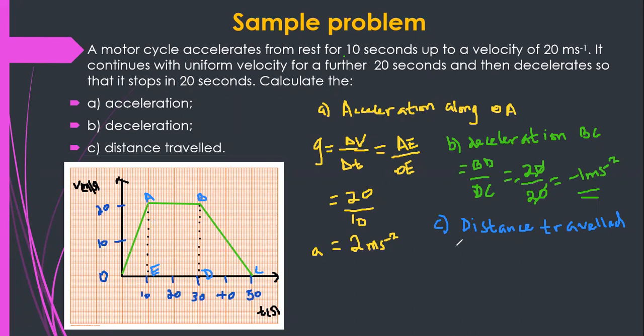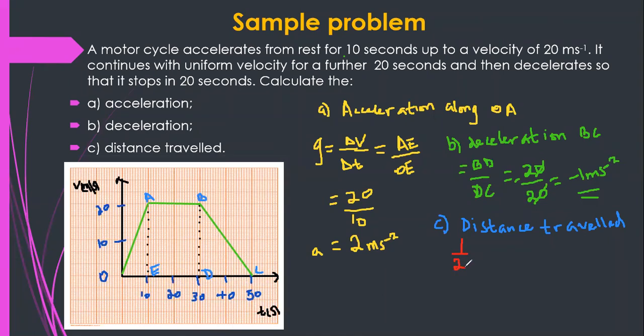So total distance traveled, we are going to apply the area of trapezium. Enough of writing, I think it is clear. So let's just write out the area of trapezium. Who can remind me of the area of a trapezium?